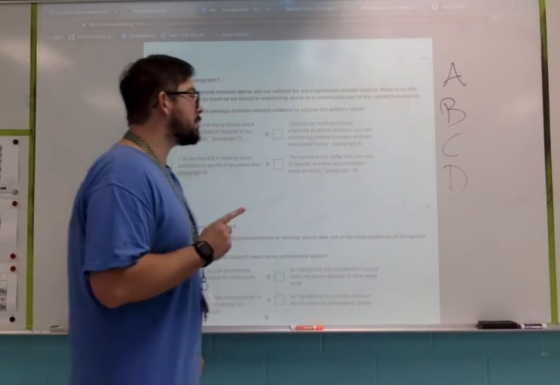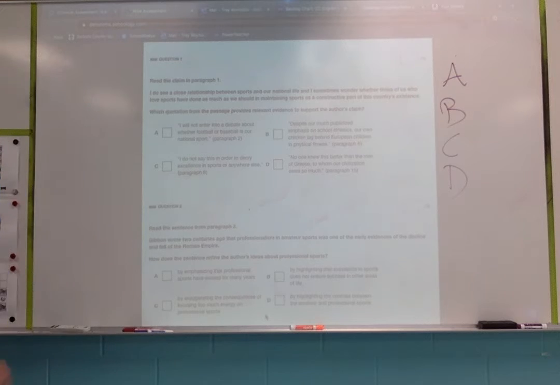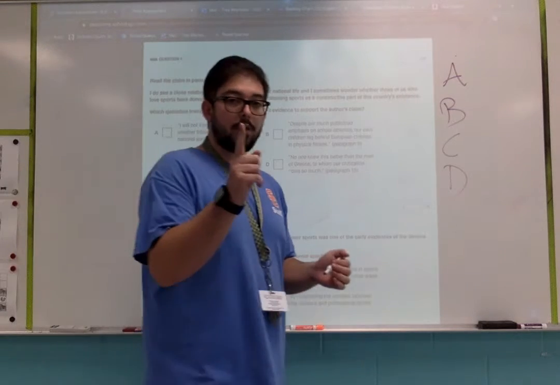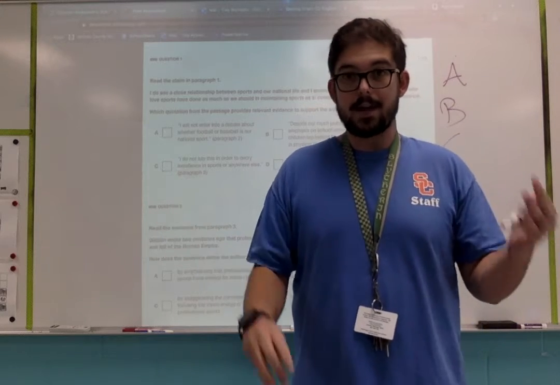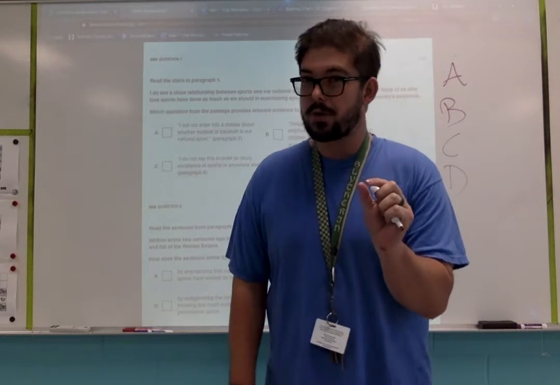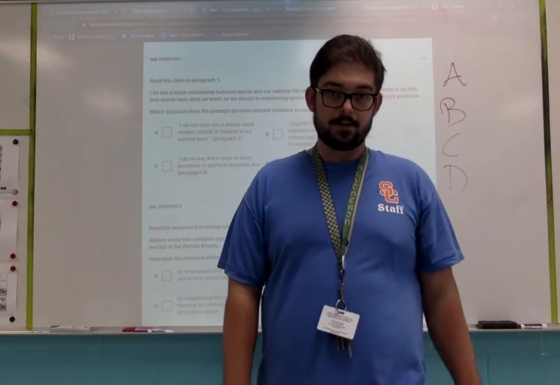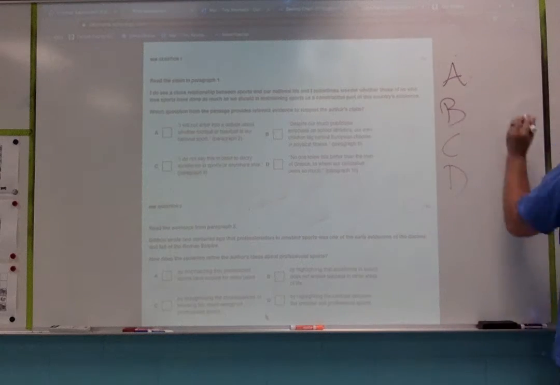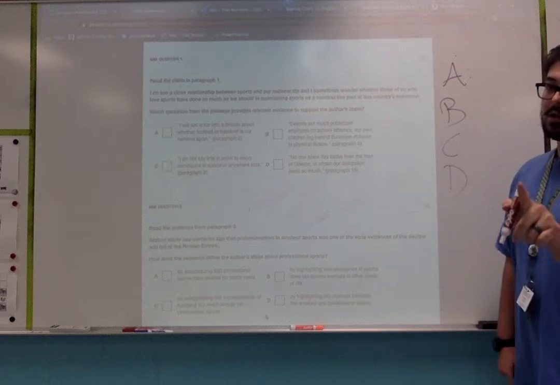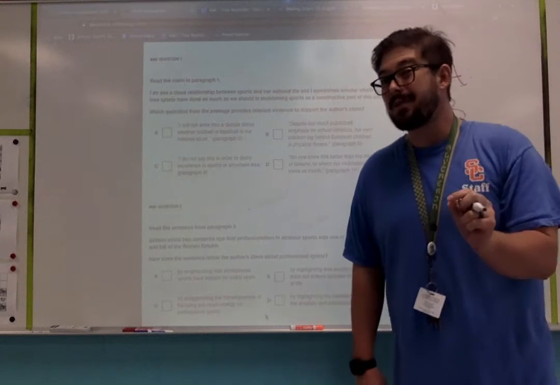Now this also incorporates a really common idea that there's always one correct answer, one very incorrect answer, and then 2 very close, seemingly correct answers. So we have to keep that in mind whenever we come across a multiple choice test. Now is this always the case? No, but it is generally the rule.